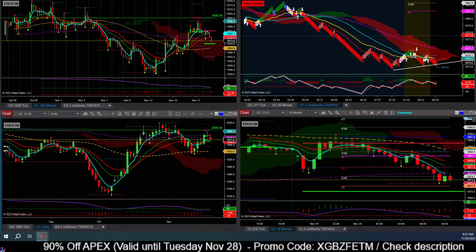Let's look at their charts. It already moved a bit, so I would expect a little bit of bounce here, unless it fails this lower side.